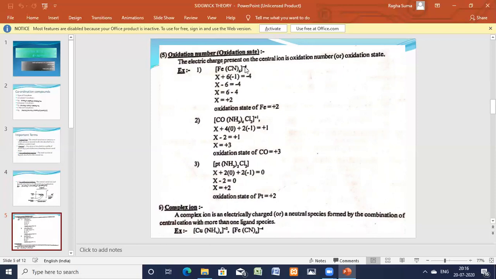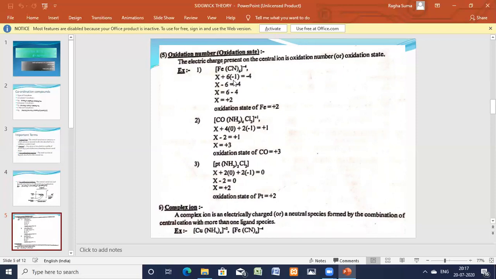This complex is an anionic complex with a -4 charge. Here you take the central metal atom as X, and each cyanide ion has a charge of -1, and there are 6 cyanide ions.